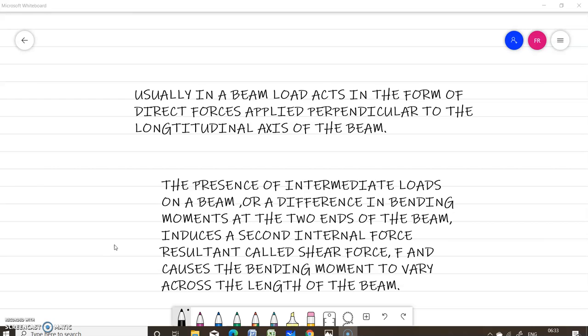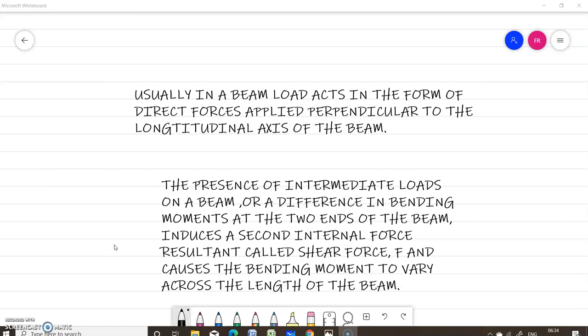So how does the load act on a beam? Usually in a beam, the load acts in the form of direct forces applied perpendicular to the longitudinal axis of the beam. The presence of intermediate loads between the supports on a beam will result in a difference in bending moment, and as a result of the difference in bending moment at the two ends of the beam, this induces a second internal force resultant called shear force, represented by the letter F. And this causes the bending moment to vary across the length of the beam.